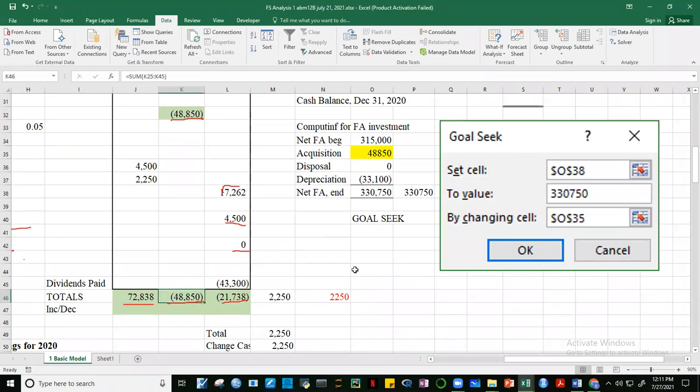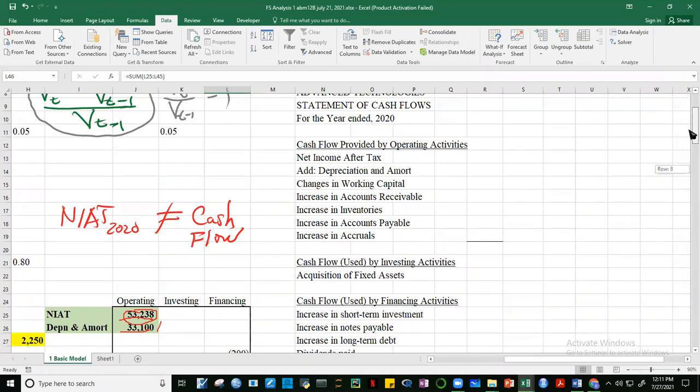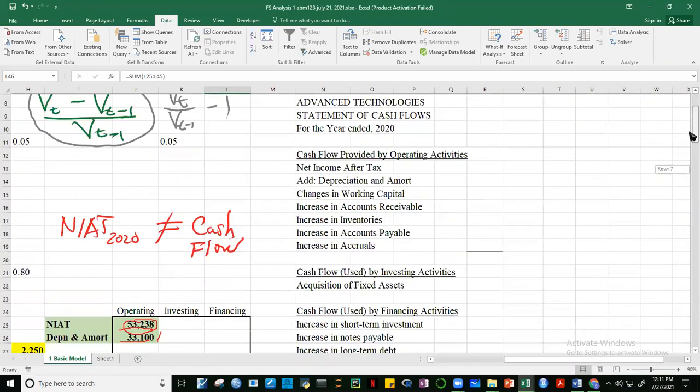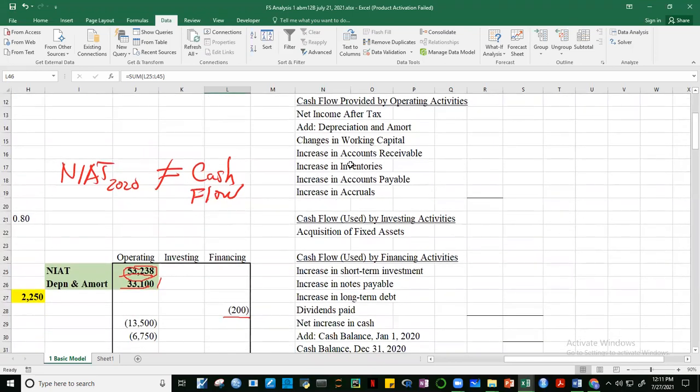Ito naman, si investing cash flow used. Si financing cash flow used din. So pag negative, used yung ginagamit natin. So andyan yung tatlong yan. Alright, so we have here yung sa operating, lagyan ko lang dito to guide us.